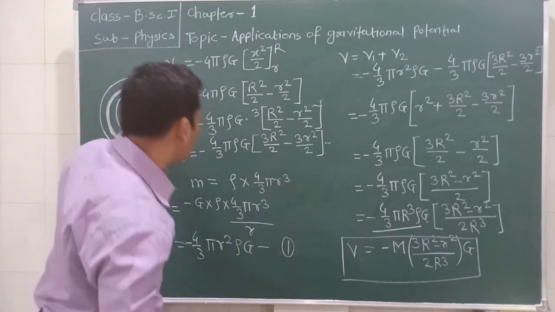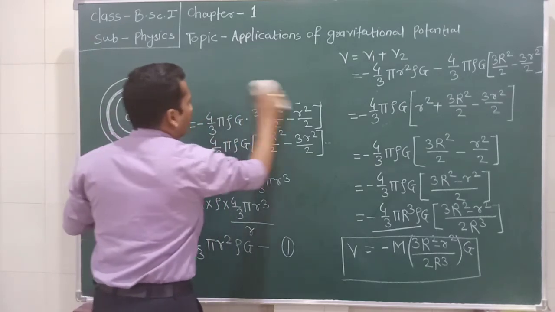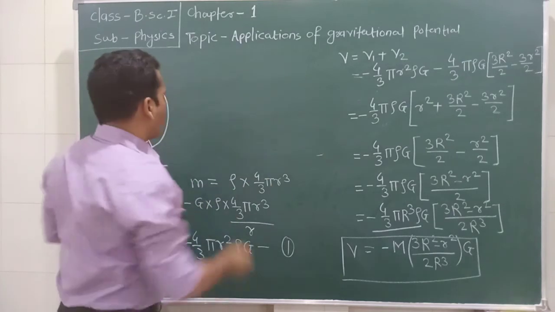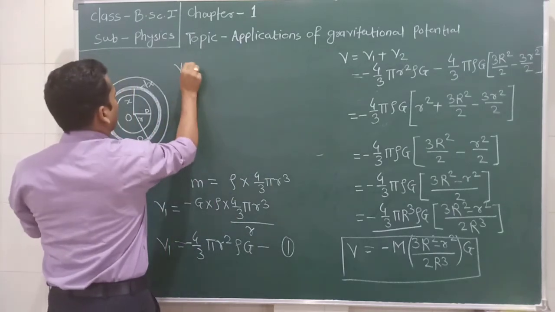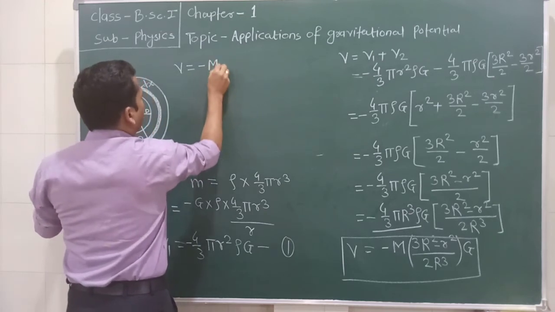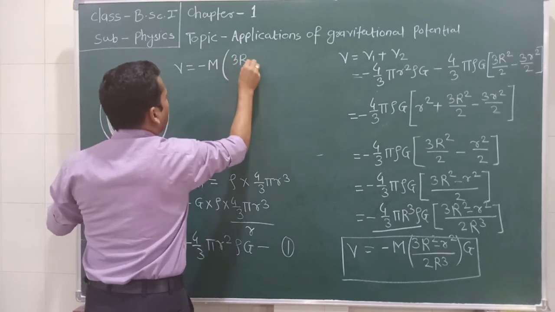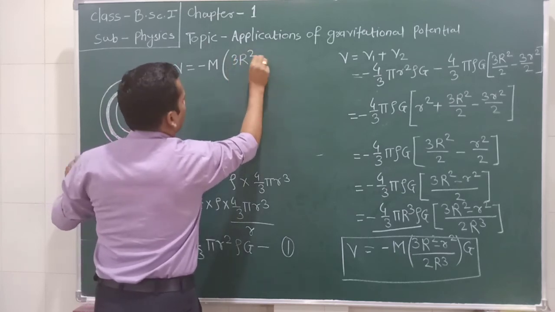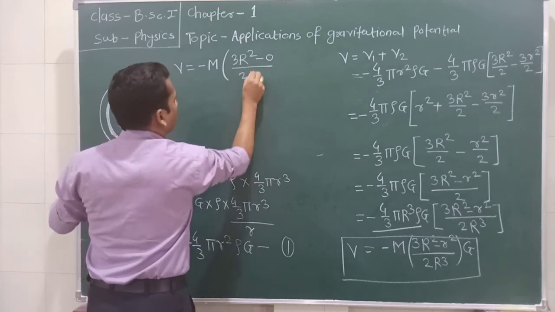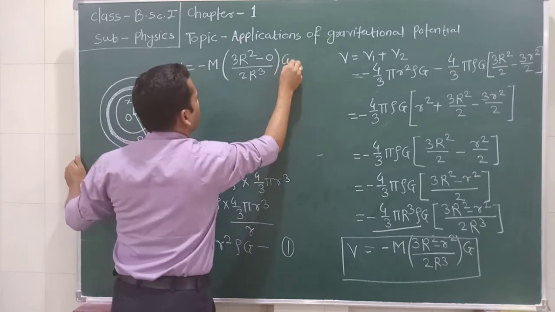Therefore, this equation becomes V is equal to minus M into 3R square minus 0 divided by twice R cube, and this is multiplied by g.